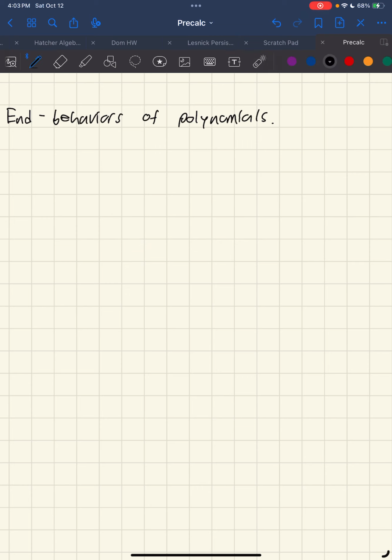So it's nothing too bad. I hinted at last class that there are definitely examples where it doesn't go to positive or negative infinity. They're just not polynomials. They're rational functions, and that's what we're going to talk about today.